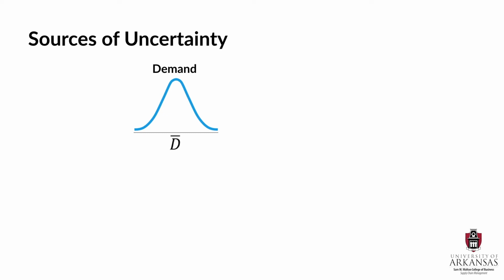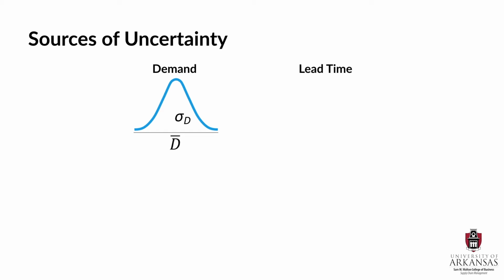And we may have some idea of the random spread of demand observations around the mean. We will call this measure of variability sigma sub d, which is simply the standard deviation of demand. Together, the average and the standard deviation describe the probability distribution of demand.